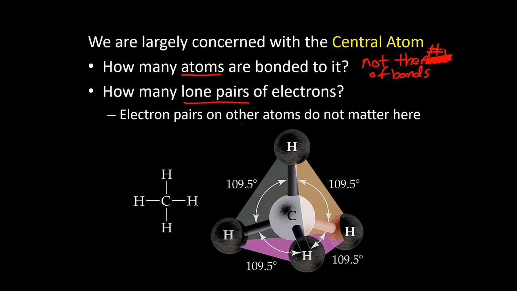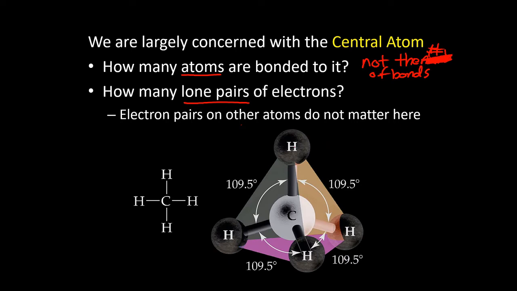I'm going to be as careful as I can to always talk about groups of atoms, not bonds, because a single, double, and triple bond in VSEPR are all treated the same. We're only concerned with how many things are attached to the central atom. So how many atoms are bonded to it, regardless of how, and then how many lone pairs are attached to the central atom.